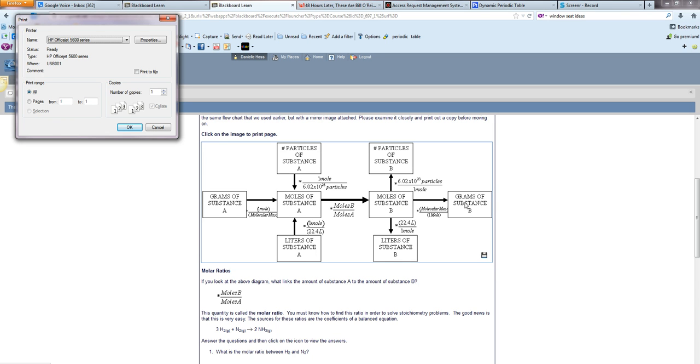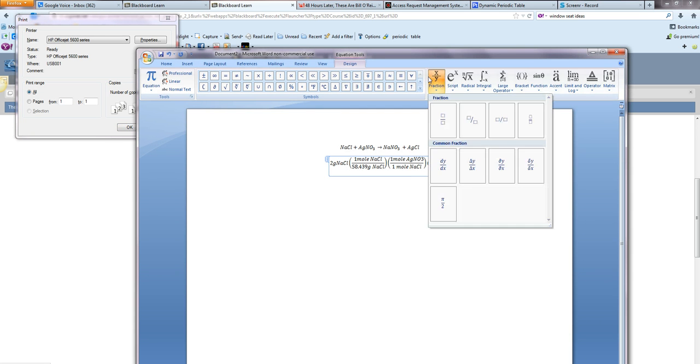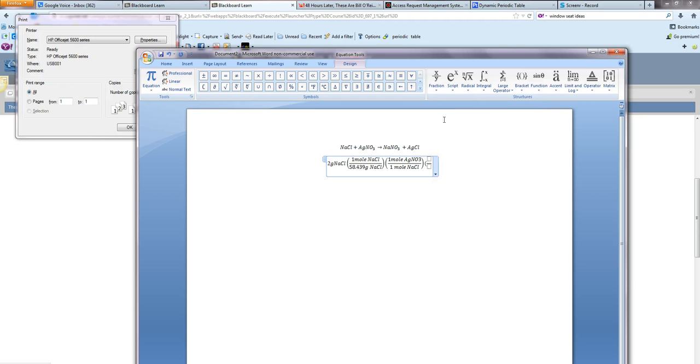The next thing I'm going to do, if I look at my chart, now that I've changed it into this B substance, is I need to find the grams of substance B. So I'm going to have to take the molecular mass and divide it by 1 mole. So in this particular experiment, we've got 1 mole, and notice I'm putting the first one on the bottom.